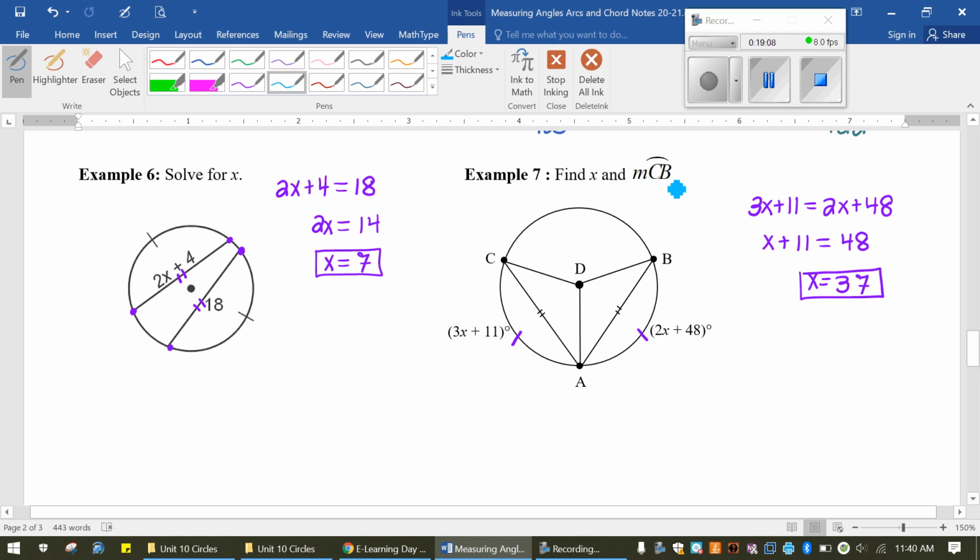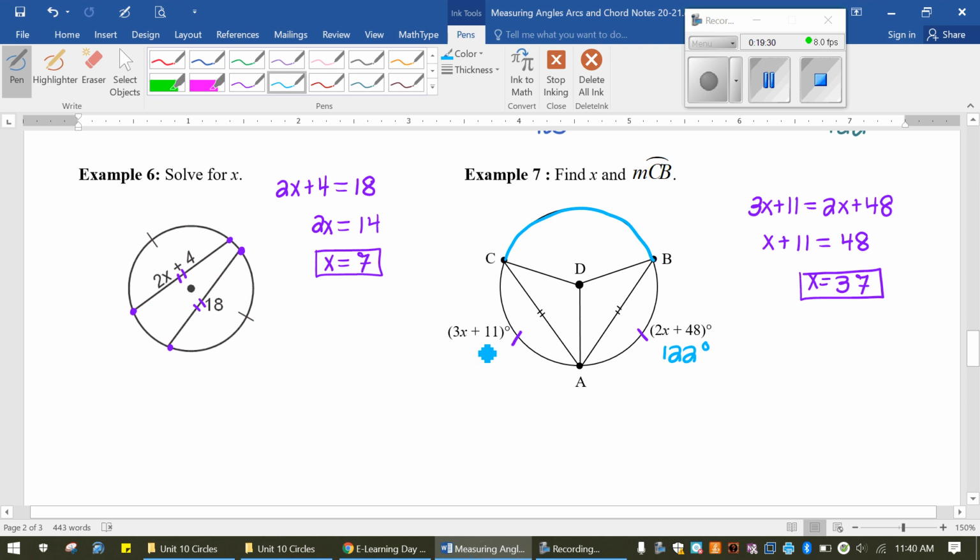The next part says, what's the measure of arc CB? So that means I want this arc here. So I'll need to take that 37 and substitute it into each of these 2 arcs to find out what they are first. So 2 times 37 plus 48 is going to be 122 degrees.